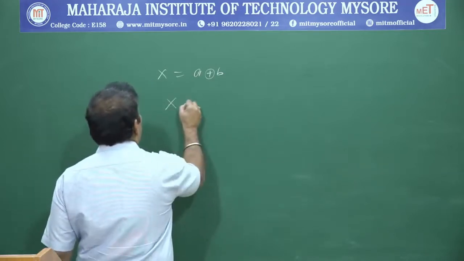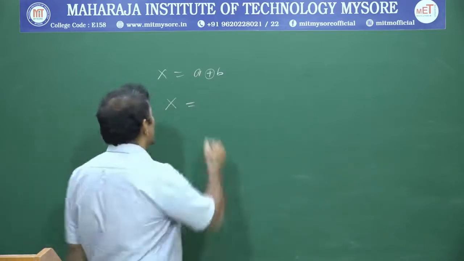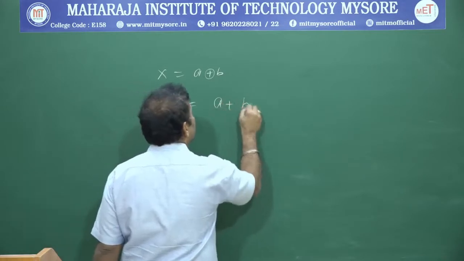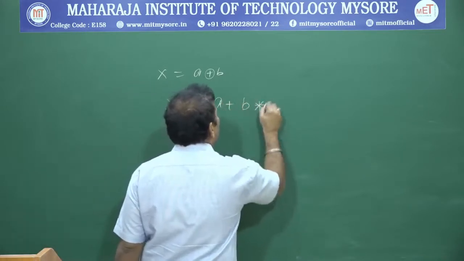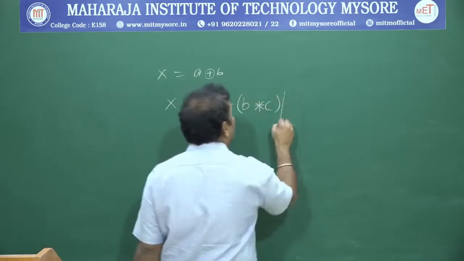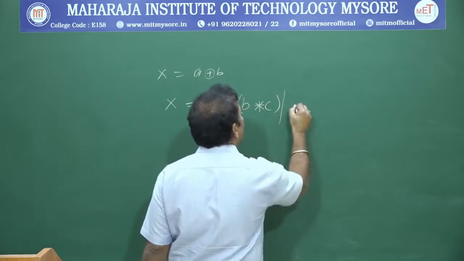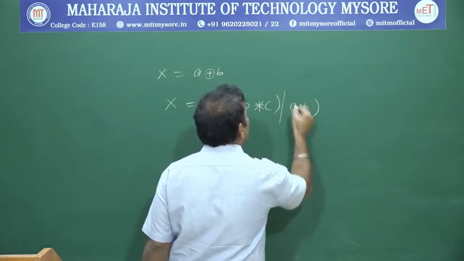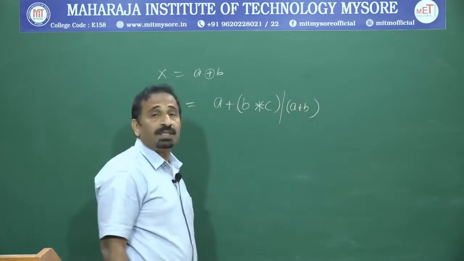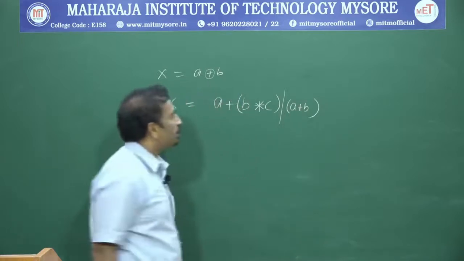Say for example, I will write an equation x is equal to a plus b star c divided by a plus b, something like this.